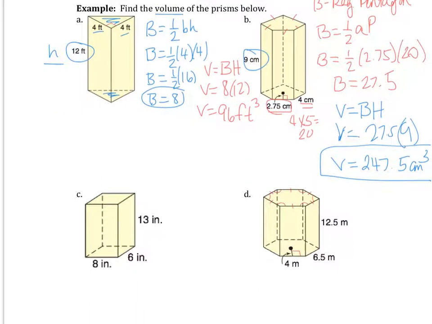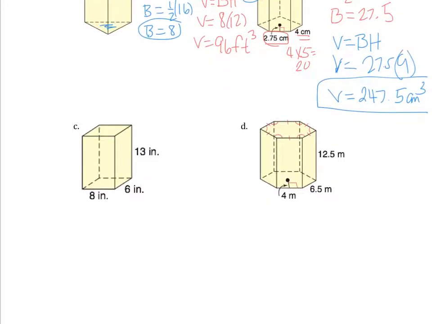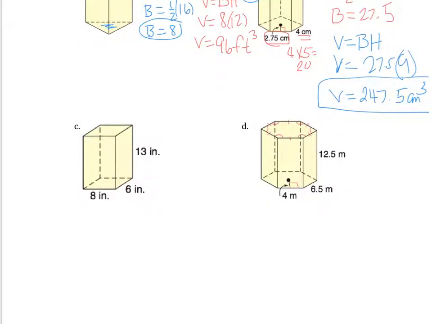Alright, two more examples here for us. Looks like I've got a rectangular prism here. Again, I'm going to move over here and find the area of my base. My base I see is this rectangle down here, so that's going to be length times width. So area equals 8 times 6. So my big B is going to be 48.